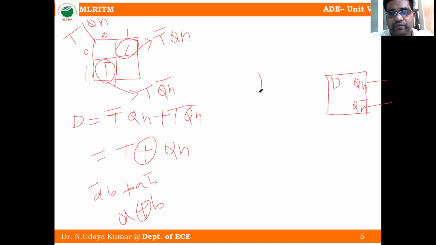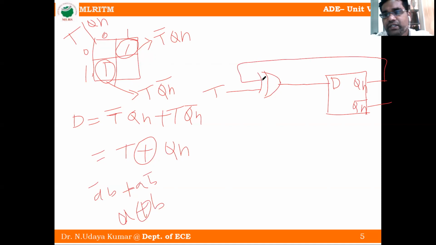So that means this is the XOR gate. XOR gate is given to D here, and so this terminal is T. This terminal is T and Qn. So Qn is this one. So Qn is, write it as here, right?